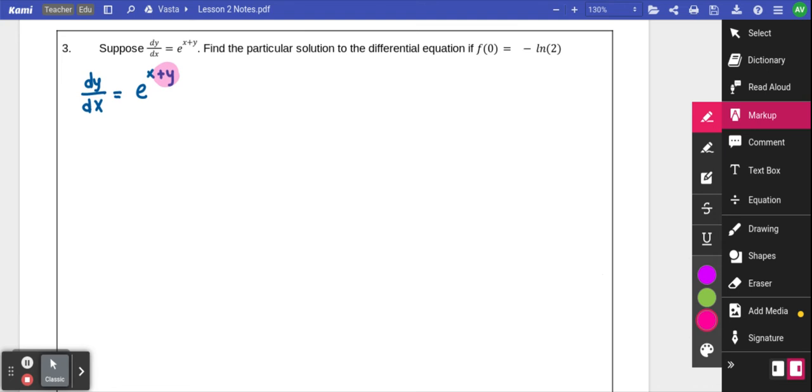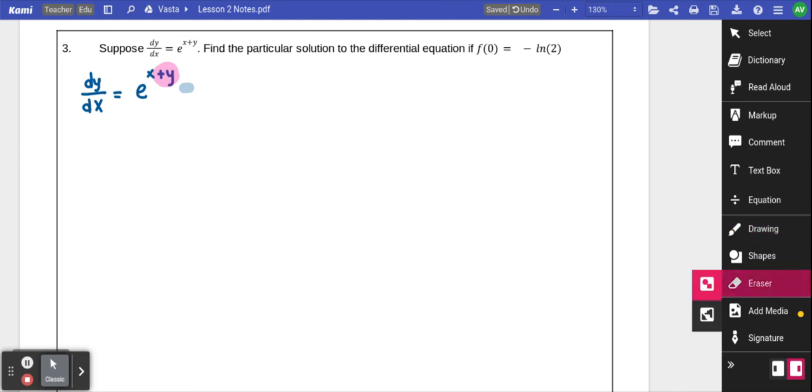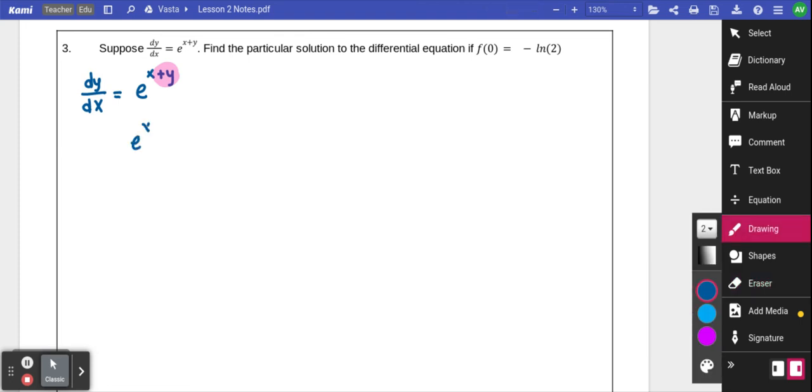The first thing you need to know is that we can actually separate the x and the y here. Because there's a plus sign in the exponent, this really means e to the x times e to the y.